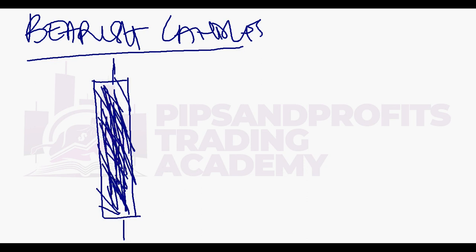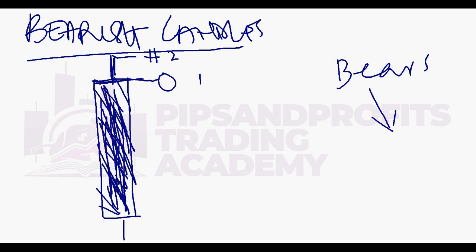So with a bearish candle, this is what happens. It opens at a higher price, so this becomes the open. And then when it opens, it will go up, and that becomes the high. So this is 1, then it will make 2. Then after it has gone up higher, if the bears are strong, remember we are dealing with bearish candles, and the bears are the party that pushes price lower.